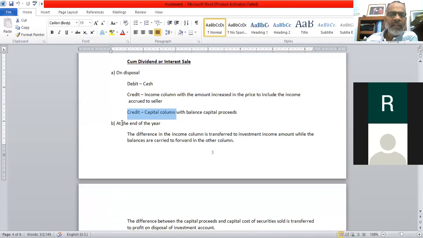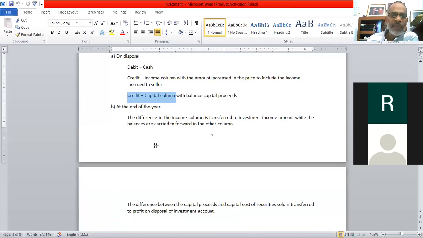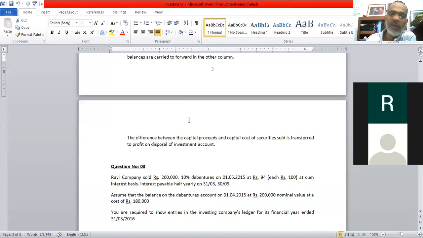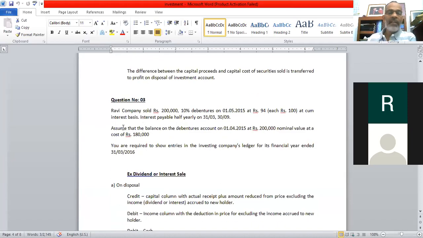Right. Look at here. This is normally a disposal. When disposal occurred, you had an investment and you sold it, therefore you are not entitled to the interest received after every 6 months. That's why we are not going to record it. We already sold. Ravi company sold 200,000 worth of 10% debentures on 1st May 2015 at a price of 96 per 100 rupees on a cum interest basis.